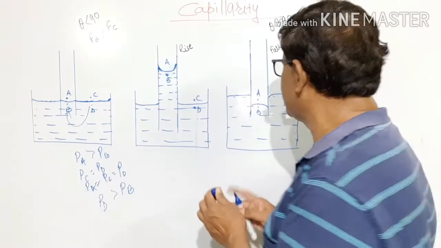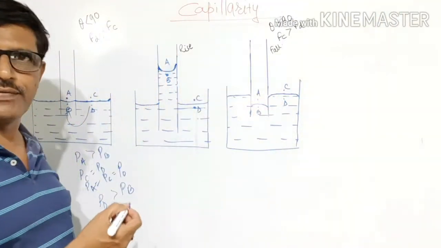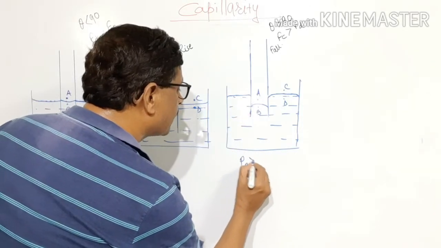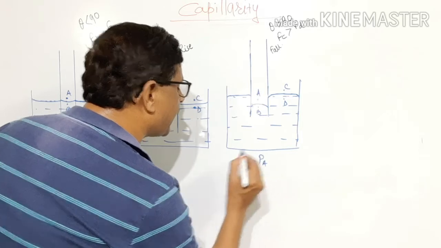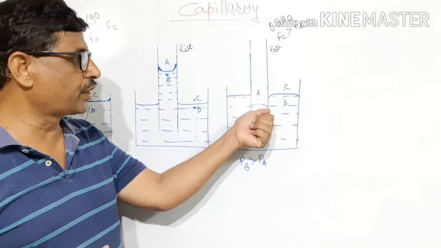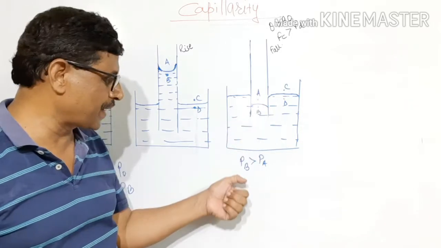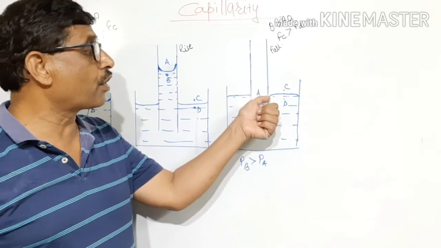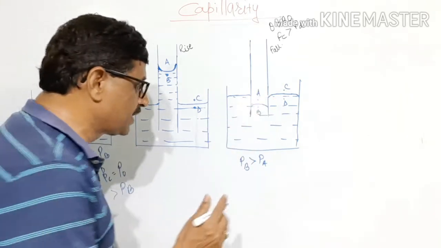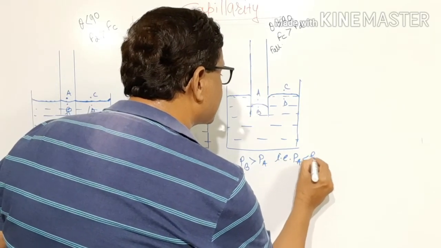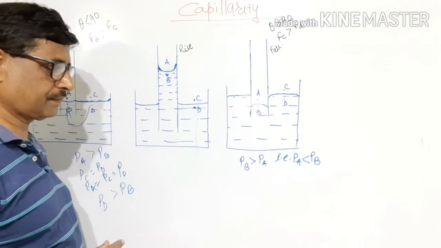Here, what you will see is that as the liquid surface is convex, the pressure at B is greater than pressure at A. Because pressure on the concave side is more, therefore pressure at B is greater than pressure at A. Or pressure on convex side is less. It means that pressure at A is less than pressure at B.